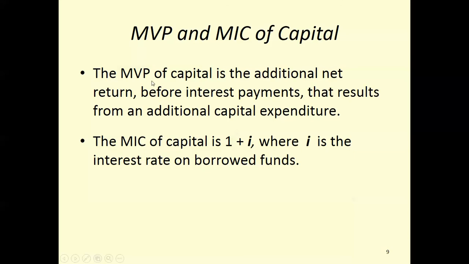The value of marginal product of capital is the additional net return before interest payments that results from additional capital expenditure. The MIC of capital is 1 plus I, where I is the interest rate on borrowed funds. That's marginal input cost.